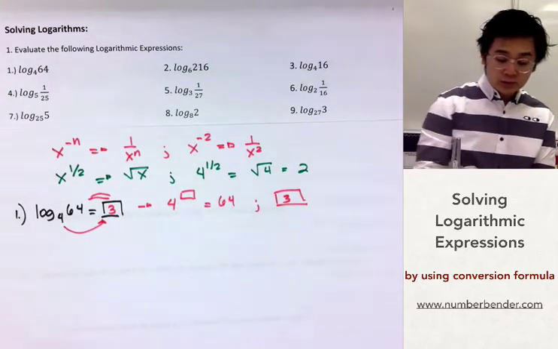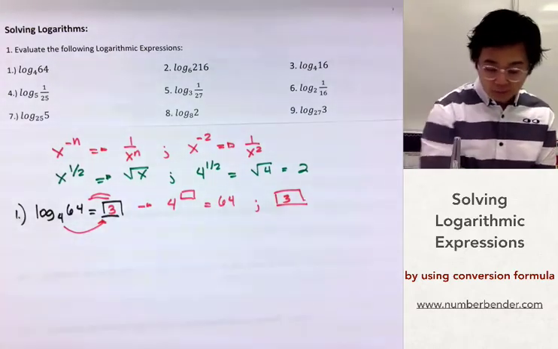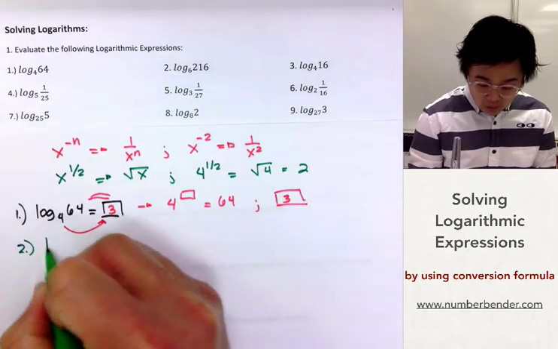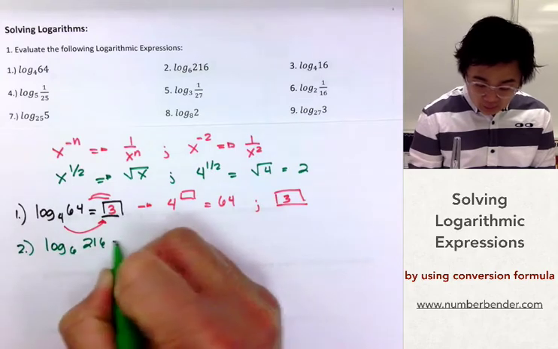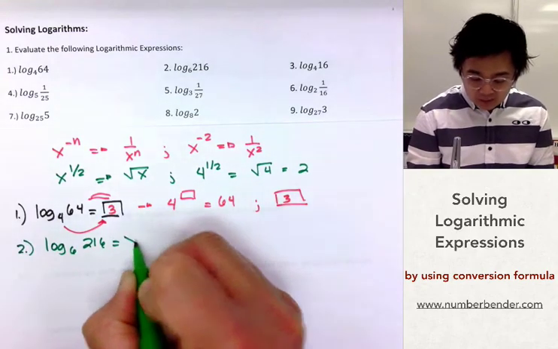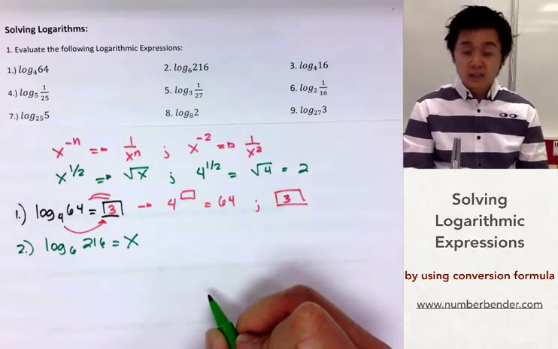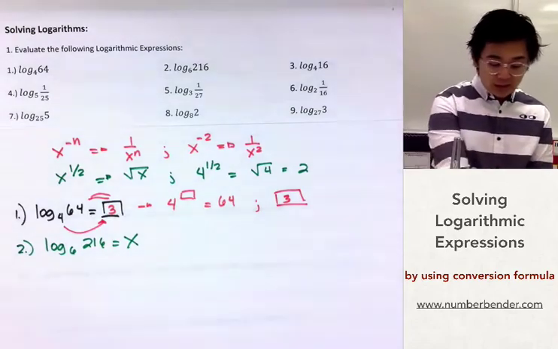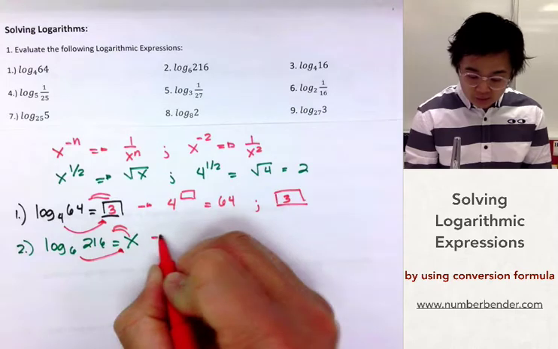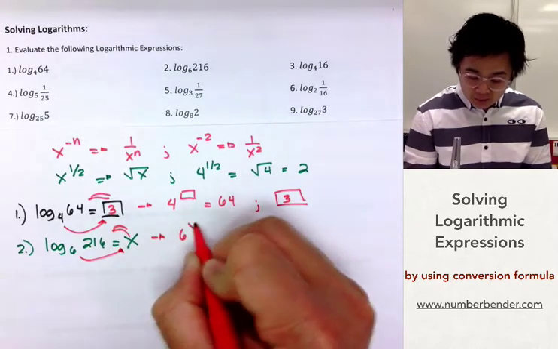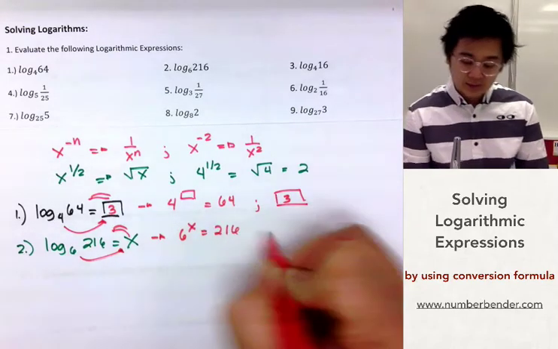So we're going to use the same idea in answering problem number 2. So logarithm of 216 base 6 equal to something. So let's try a different approach. Let's change it into an x. So by using x, we can still convert this into exponential, which will give us 6 raised to x equal to 216.